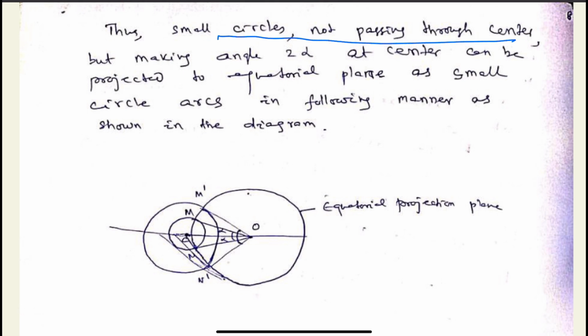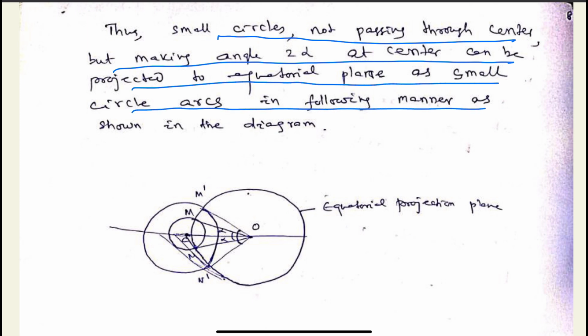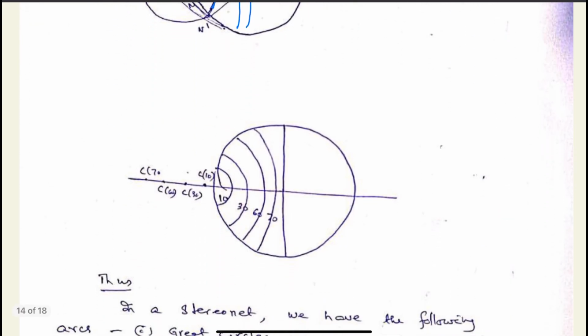Thus, small circles not passing through the center but making a 2 alpha angle at the center can be projected to the equatorial plane as small circular arcs in the following manner as shown in the diagram. So we got these centers, we got C points. So we got the distance OC, and we draw the circles for different angles.